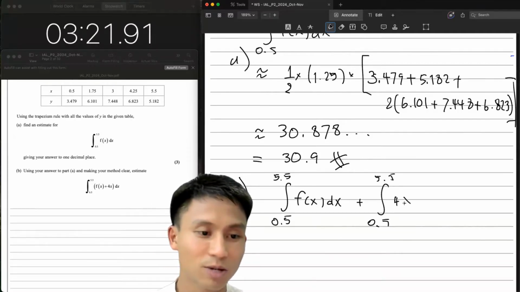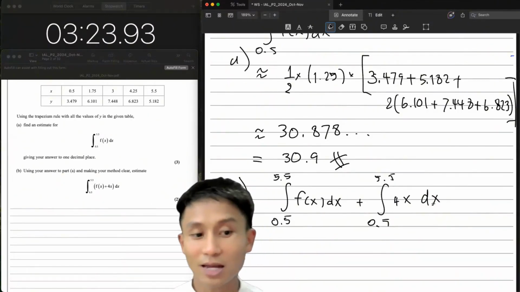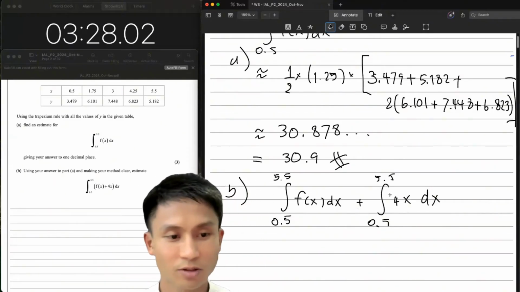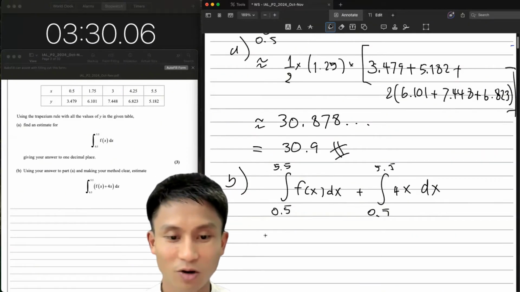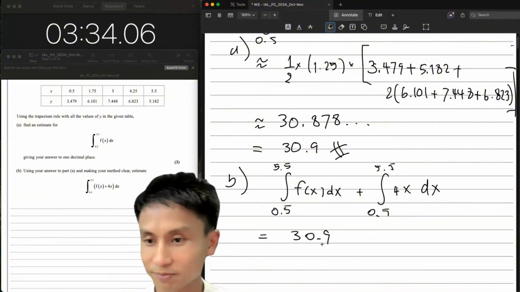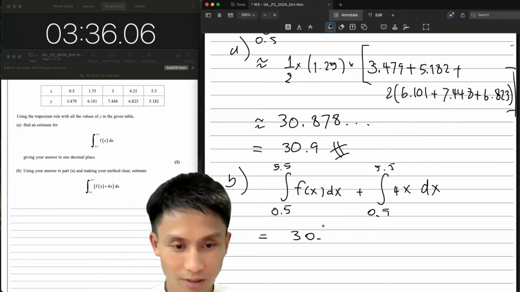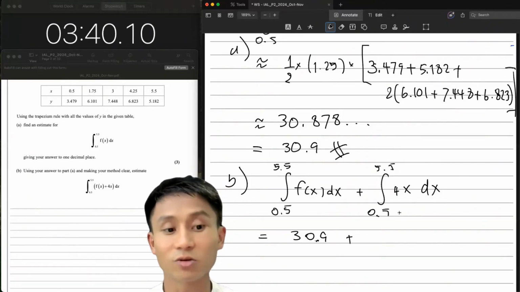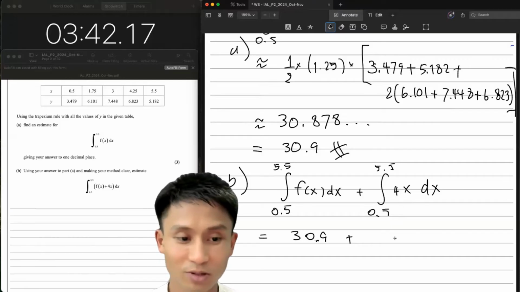The same bounds. So it's basically just integrating 4x using the same upper and lower bounds. So this is easy because we already know that this first term is 30.9, right? And the second term, we're just going to manually do the integration. There's no big deal there.